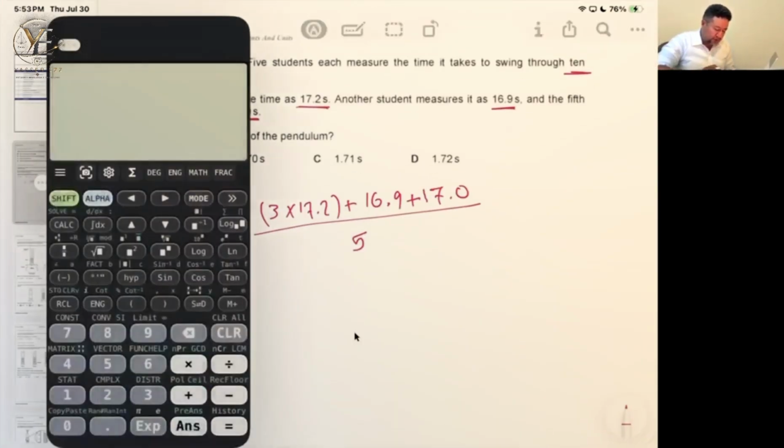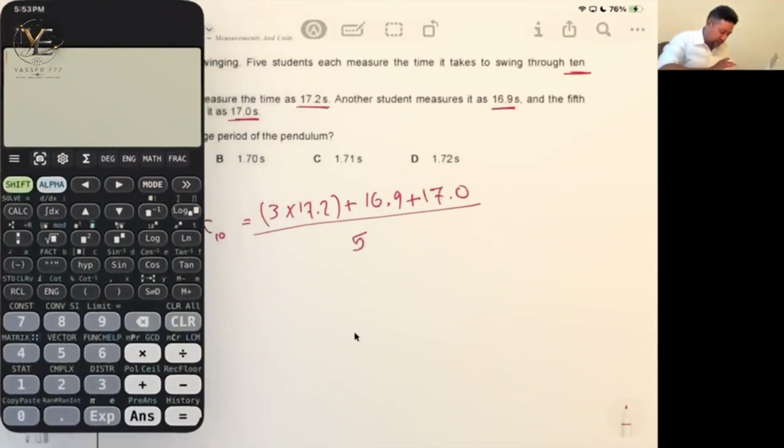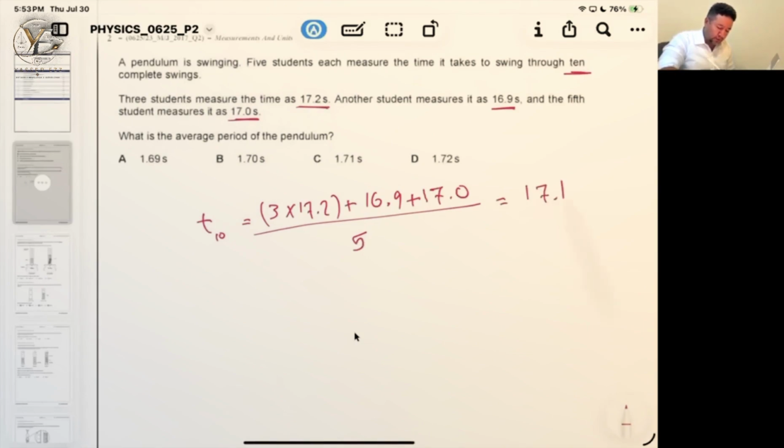Let's do it here. Here is the fraction. I'm going to open the bracket, 3 times 17.2, close the bracket, plus 16.9 plus 17.0, over 5. It will give me 17.1 seconds.